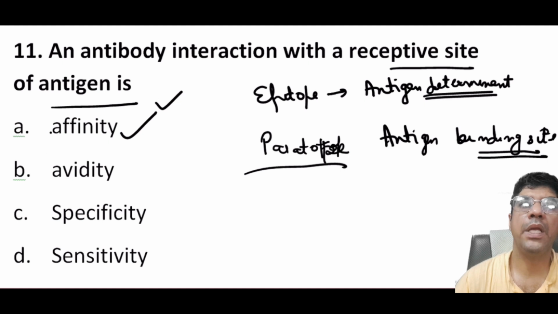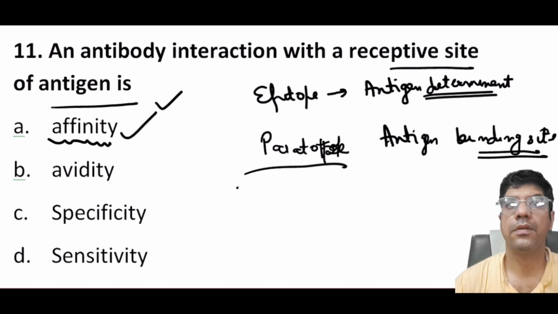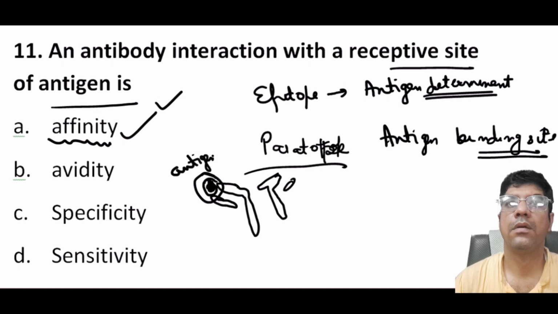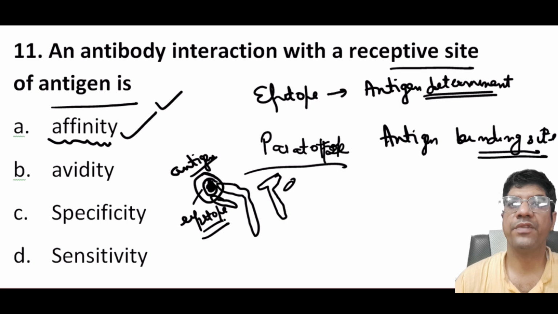Now what do you mean by the term affinity? Affinity refers to the strength of the binding between a single paratope of an antibody and a single epitope on the antigen.